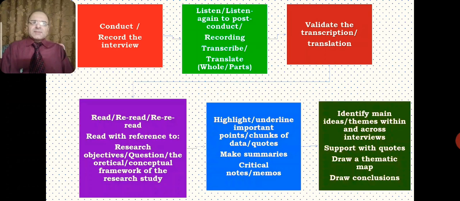And so the next thing that needs to be done at this stage is identifying main ideas. Again, I must reiterate that this process is a kind of cyclic process, and it's not in a straight line, it's a kind of cyclic process as well.